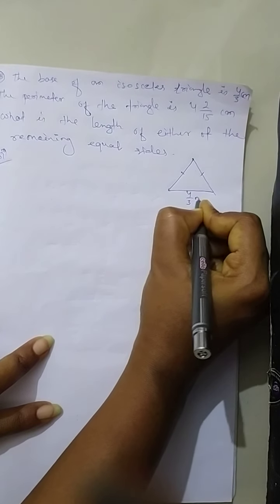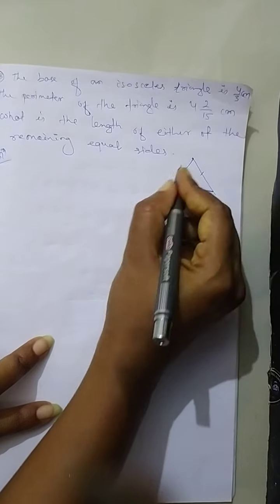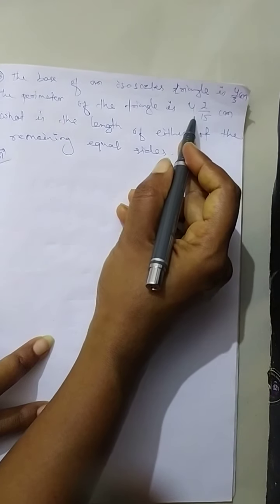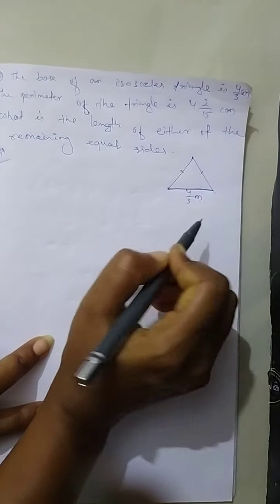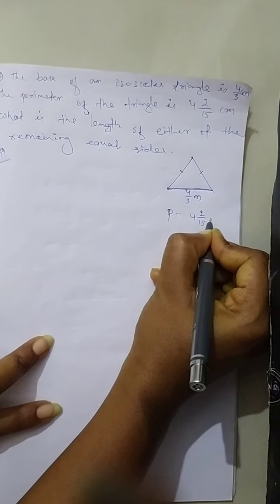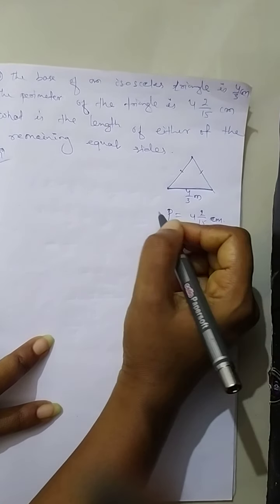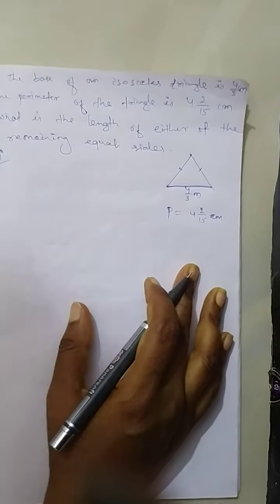Its perimeter is 4 whole 2 by 15, the sum of all sides. Then we have to find the equal sides of the isosceles triangle.